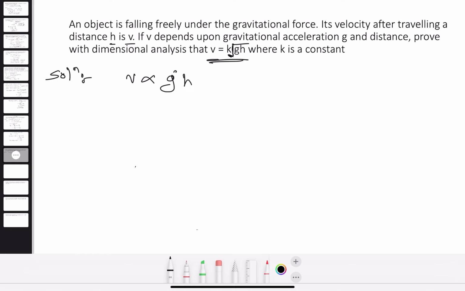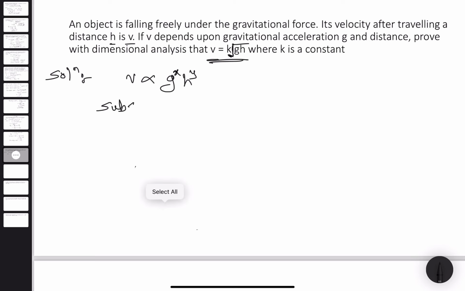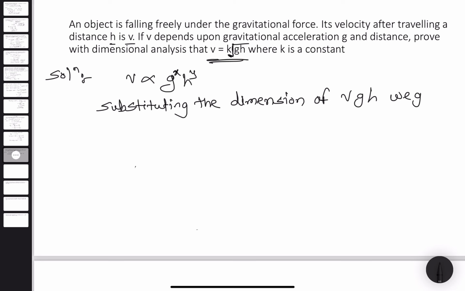If we consider the power of g is x and the power of h is y, now substituting the dimensions of v, g, h, we get: we know the dimensions of velocity, that is L1 T minus 1, is directly proportional to the dimensions of acceleration, that is L1 T minus 2, and we have taken the power as x, and the dimensions of h, that is L1, to the power y.